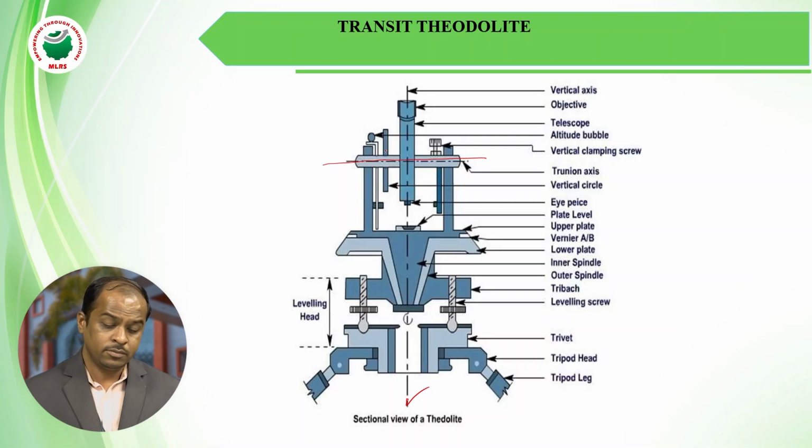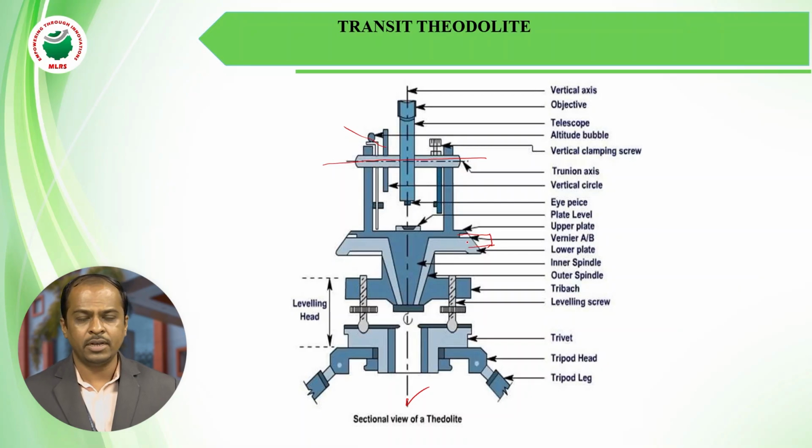In the left side, the instrument is having a vertical plate clamp screw. Then for measuring a horizontal angle, we are adjusting the horizontal plates, upper plate and lower plate. Normally this upper plate and lower plate are supported on this spindle.